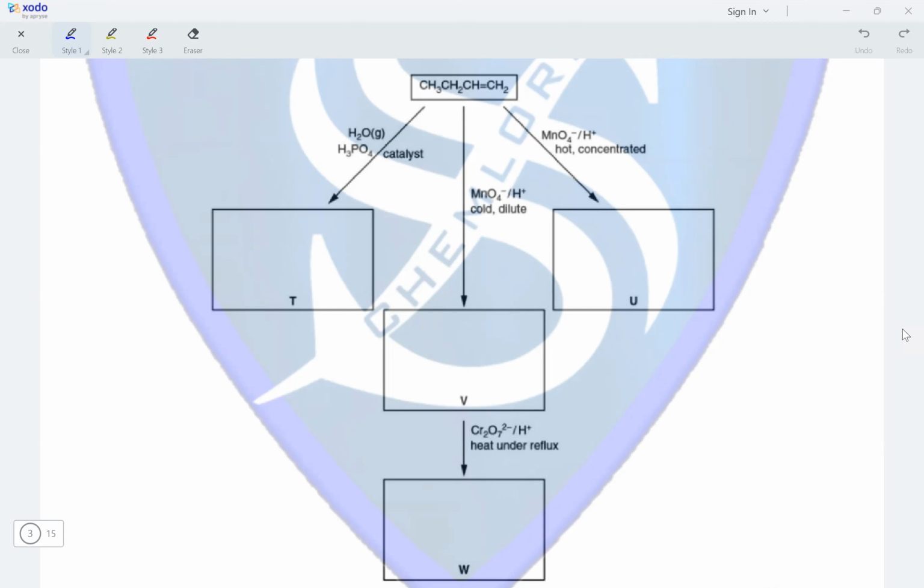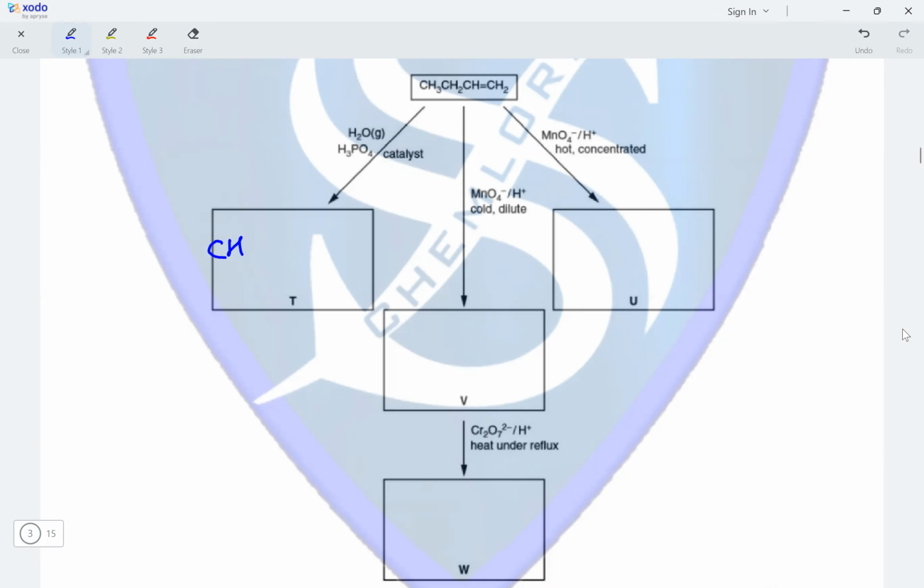Now, this is electrophilic addition. So, the OH group being attached to the second carbon atom would be preferred because that would be a more stable alcohol than if the OH group was on the first one. So, both of the products would form, but the one with the OH group on the second carbon atom would be formed in a larger quantity. So that is the one that we are going to mention here.